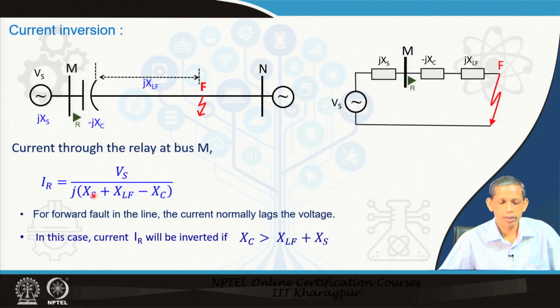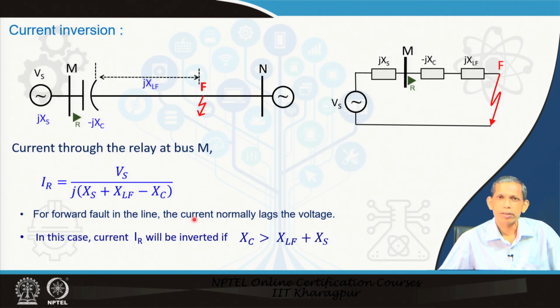So, that is the issue. Normally we see that the current lags the voltage during a fault like this, but with the presence of XC, if this condition is satisfied, the current will lead and it will be around 180 degrees out of phase to the normal current which we have seen in the earlier analysis.